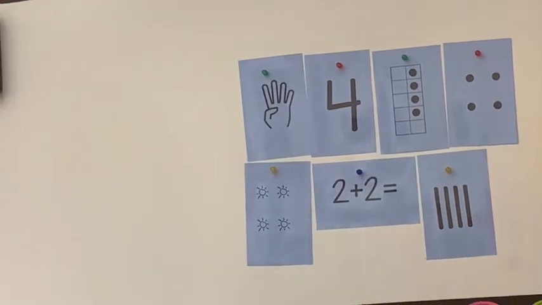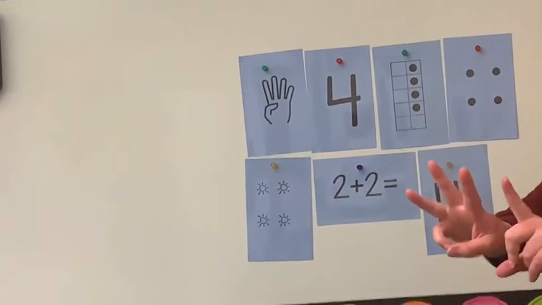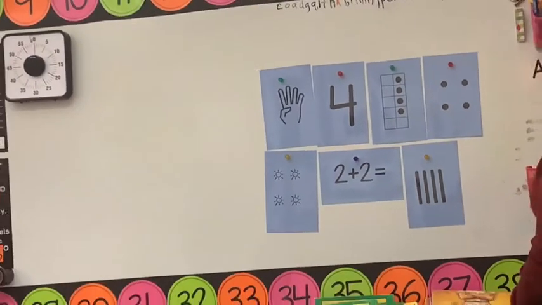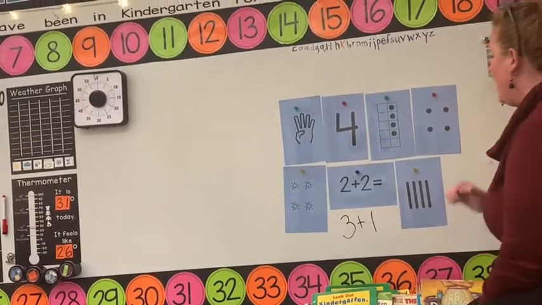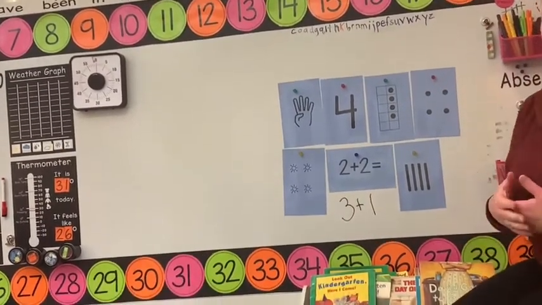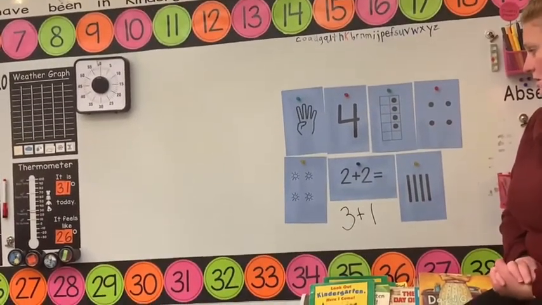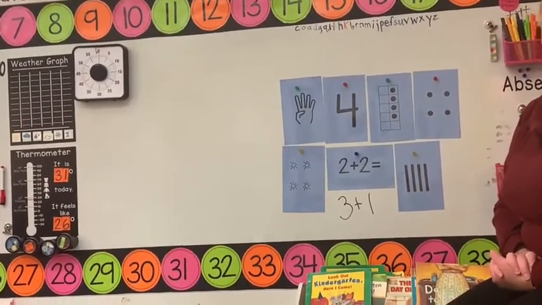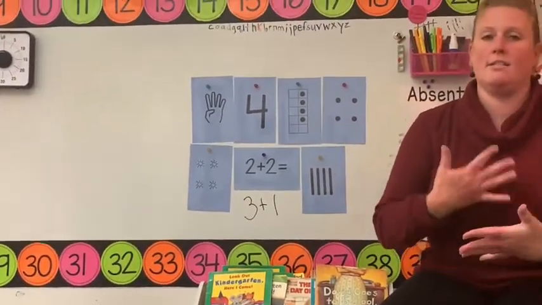I could even write 3 plus 1, right? If I wanted to. And that 3 plus 1 shows us 4. All of those are very, very different ways, so they all show us the same number.